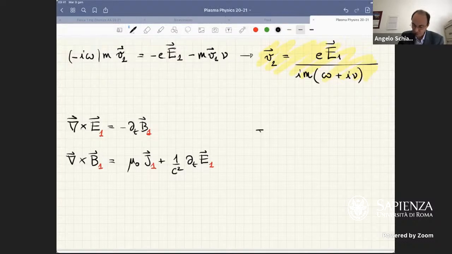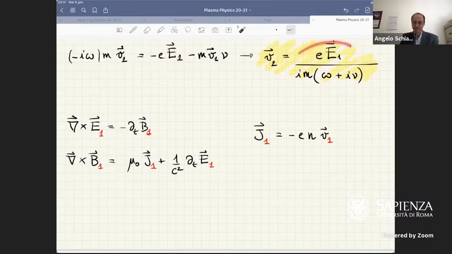So we have J1, the current density perturbation, equal to minus e, charge of the electron, times the density of the electron times the speed of the electron perturbation. And as I was anticipating, then we'll substitute for this term inside the J.